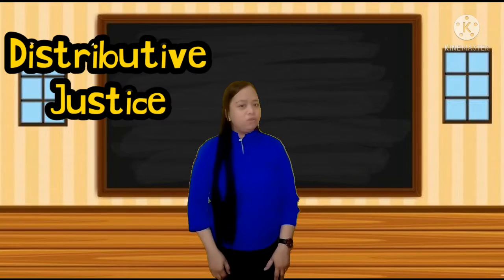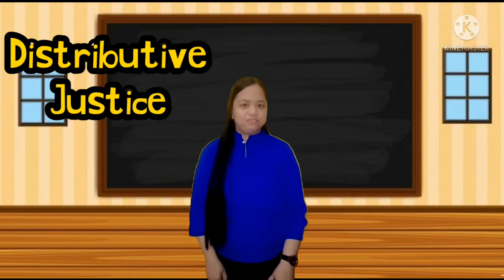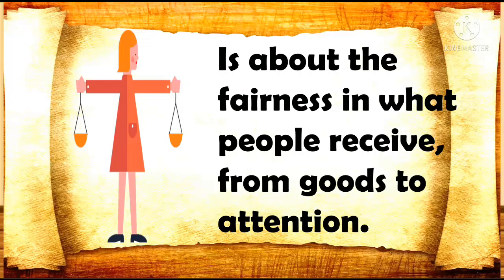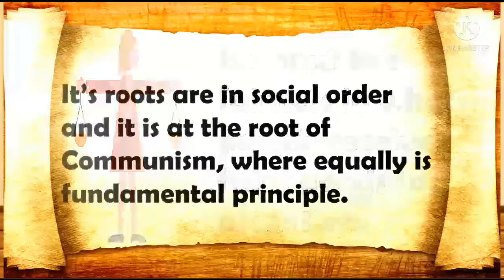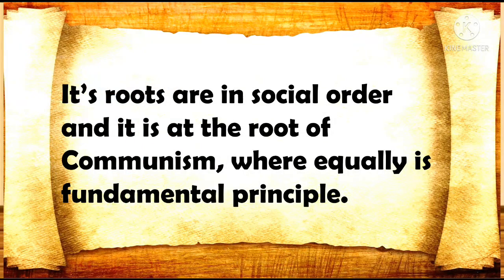Distributive justice is also known as economic justice. It's about the fairness in what people receive, from goods to attention. Its roots are in social order, and it is the root of humanism, where equality is a fundamental principle.